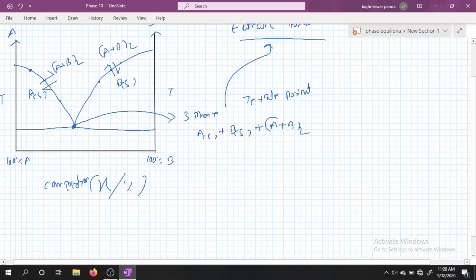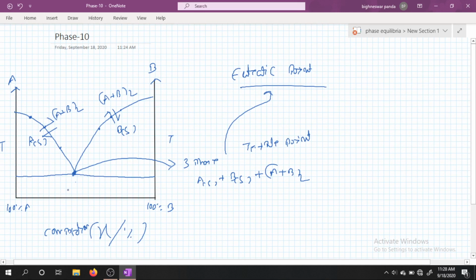Here, normally for A plus B, we are taking A as 80% or 80 gram, and B 20% or 20 gram.